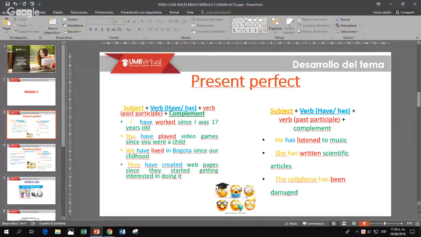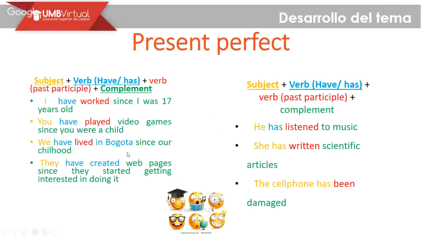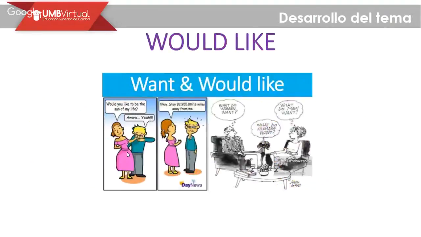So, would like. When do we use would like? Okay. A diferencia del presente perfecto que llevemos su uso en los ejemplos, ahora vamos a mirar el would like, want and would like.